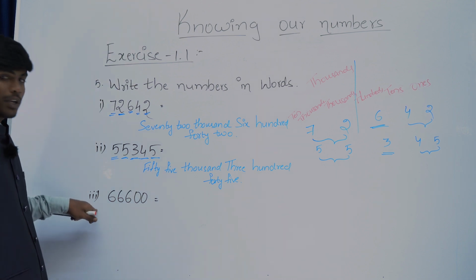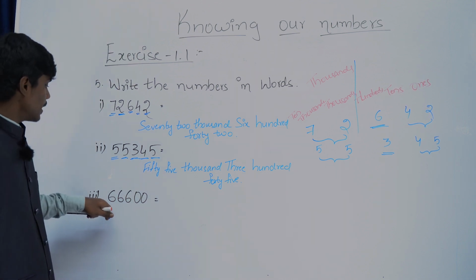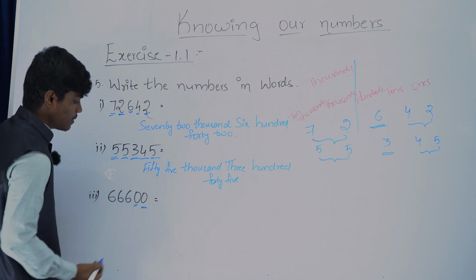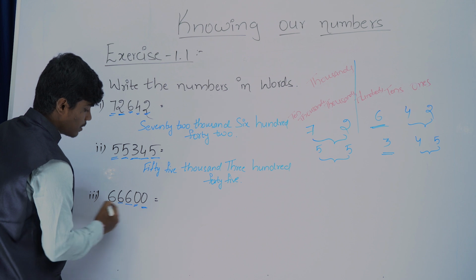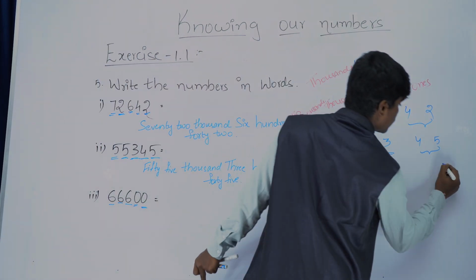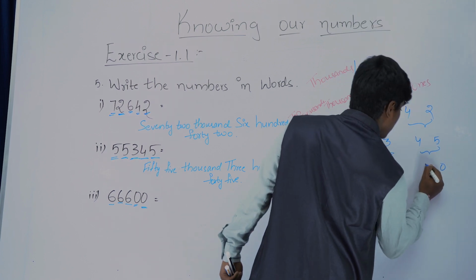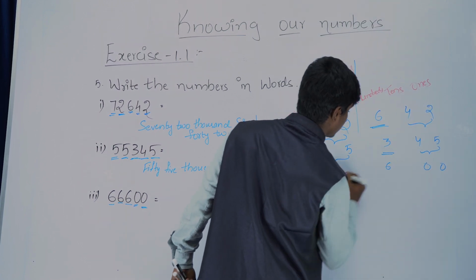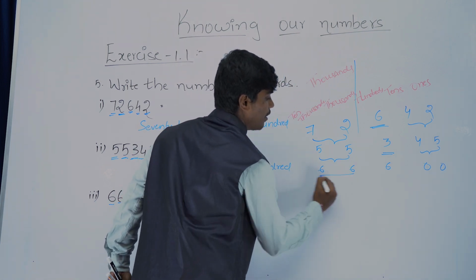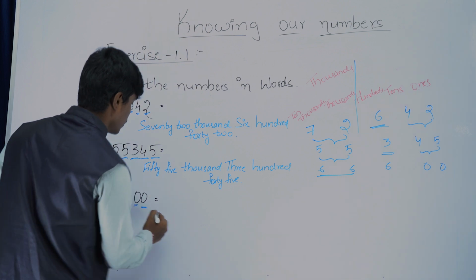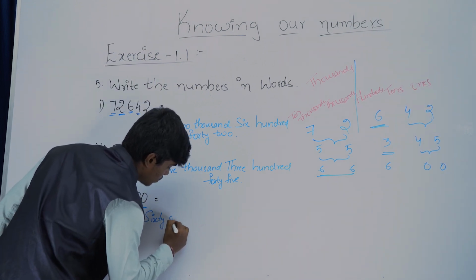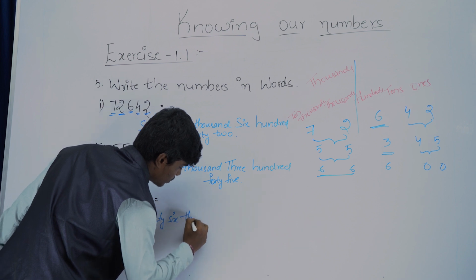Similarly, let's try to solve the third problem. Here he gave 0 in ones place, 0 in tens place, 6 in hundreds, 6 in thousands, and 6 in 10,000s. Here in thousands we have 66, so 66,000.